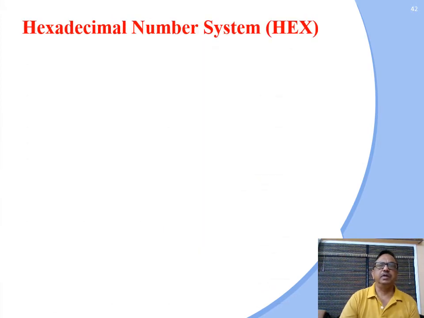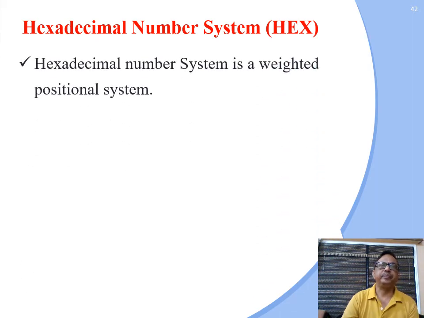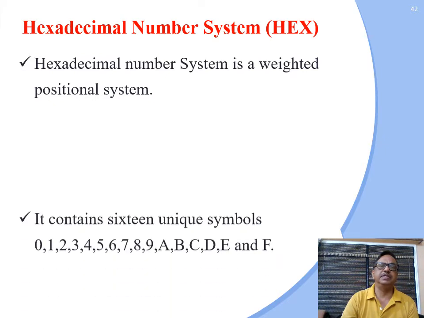The last number system is the hexadecimal number system. It is a very important number system for computers, because assembly language programming is done in hexadecimal, and it is definitely faster than the binary number system. So what is the hexadecimal number system? It is a positional weighted system.